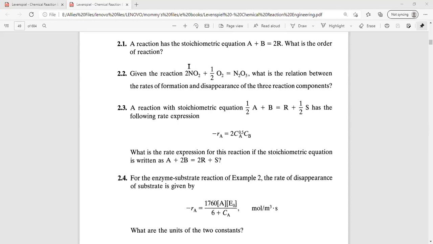But if this particular assumption is not valid, that the provided chemical reaction is elementary, the answer here should have been that it cannot be answered, because you can only answer the order of the reaction, then the rate constant, if you are provided with a set of data that will allow you to solve for it.